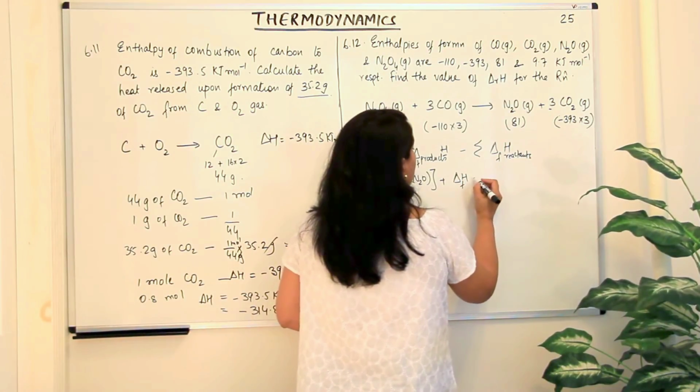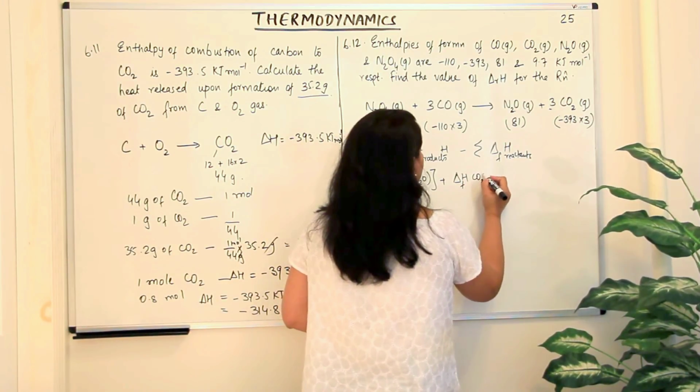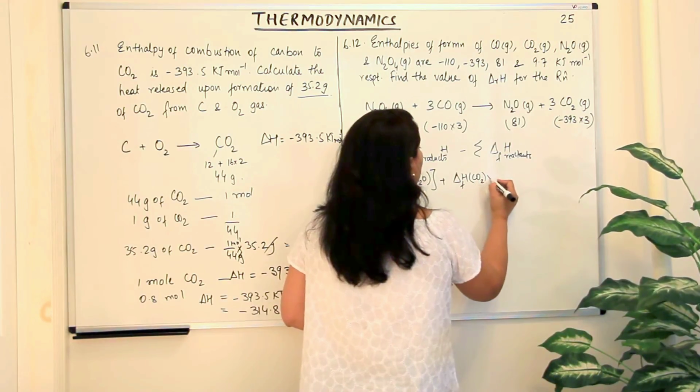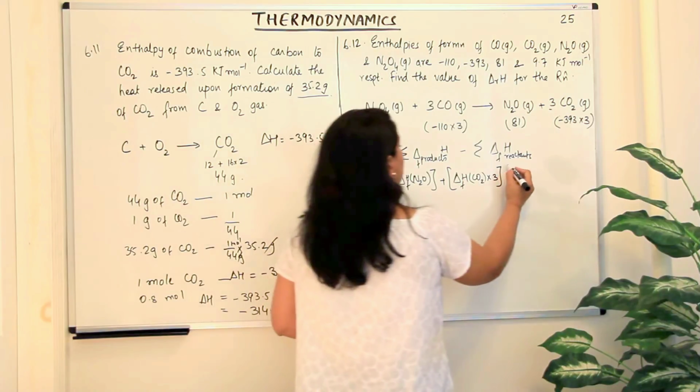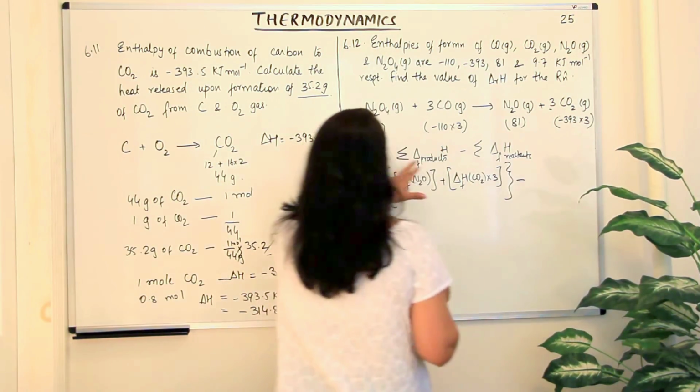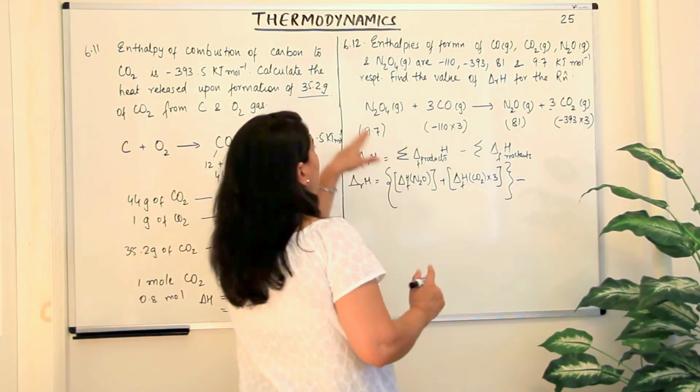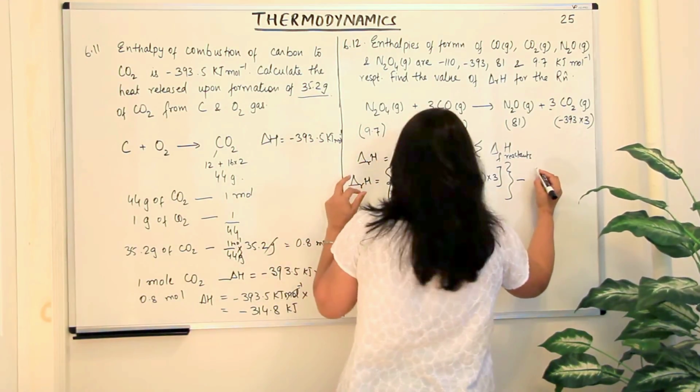because there are 3 moles of this, minus the summation of enthalpies of reactants.